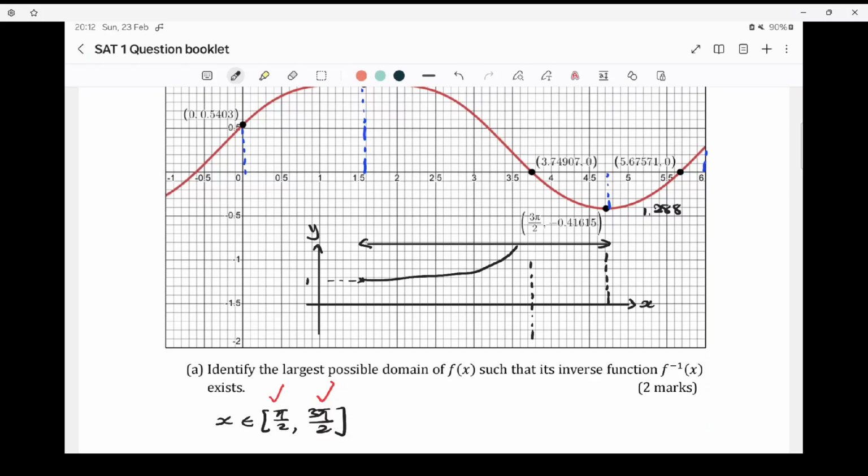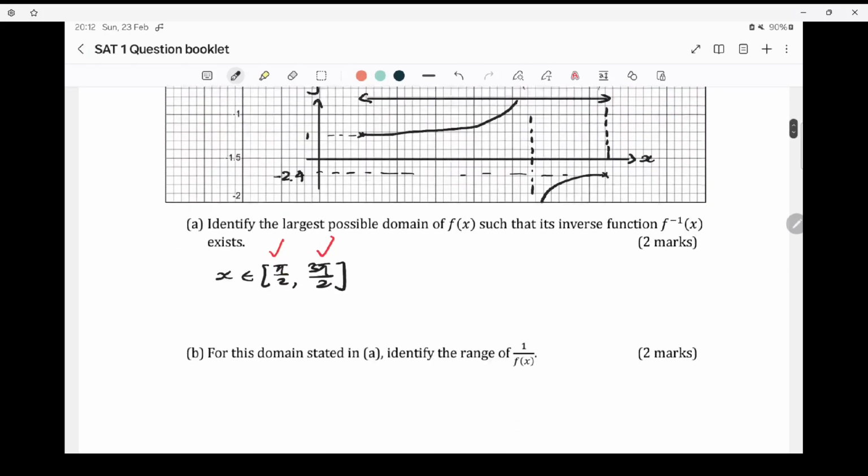So you have minus 1 over 0.41615. So this point will be around minus 2.4. And then because this portion of the graph is negative, it curves downwards.